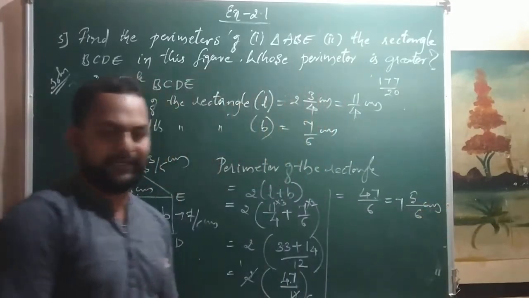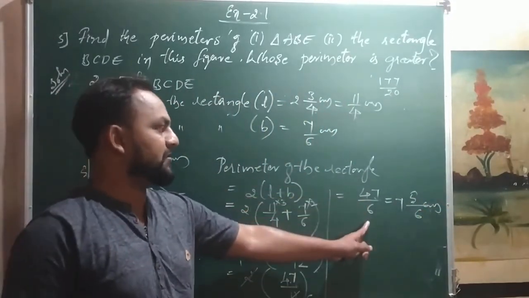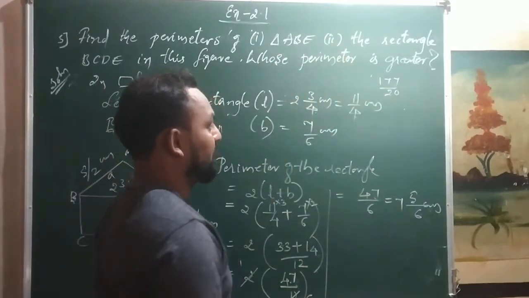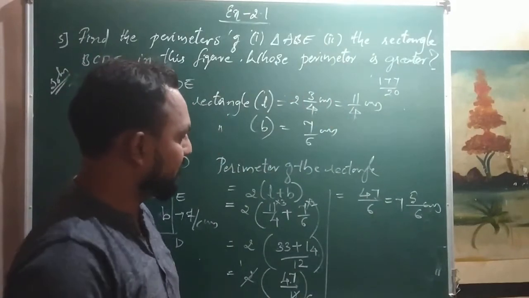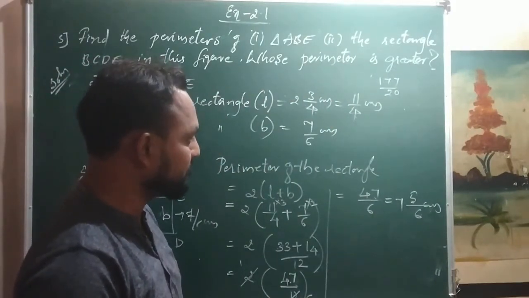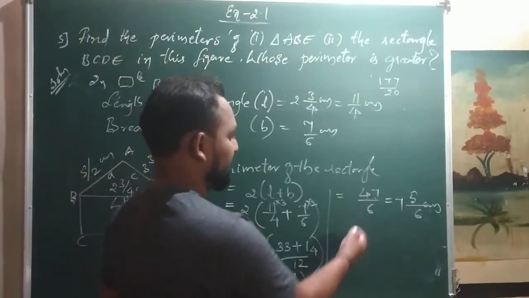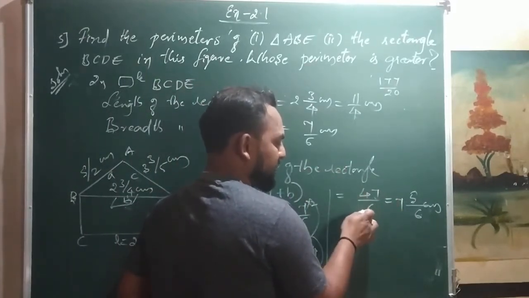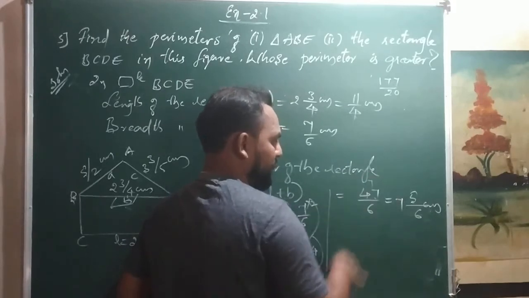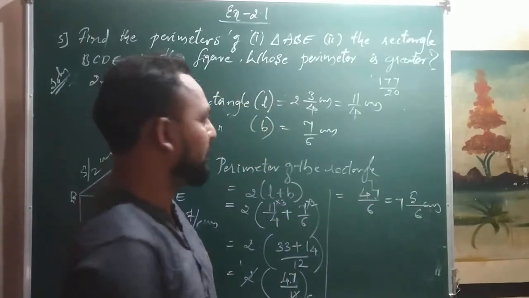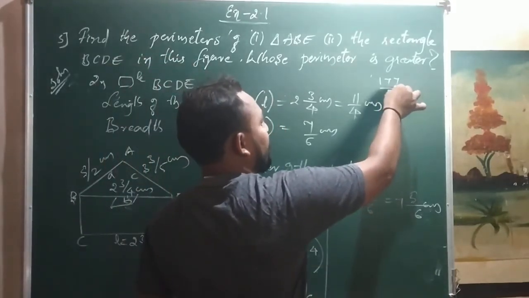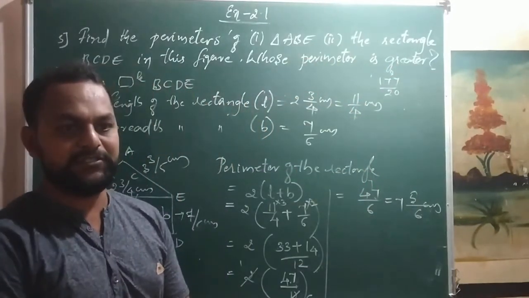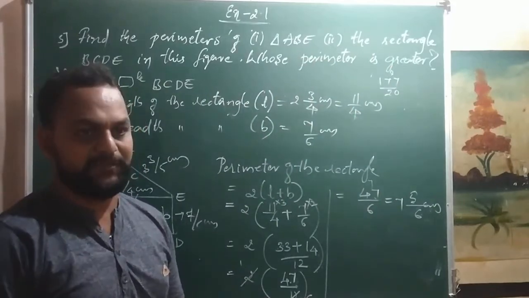The perimeter of the rectangle is 47 by 6, and the perimeter of the triangle is 177 by 20. Which one is greater? Then write as decimal. 6 7s are 42. 20 8s are 160.